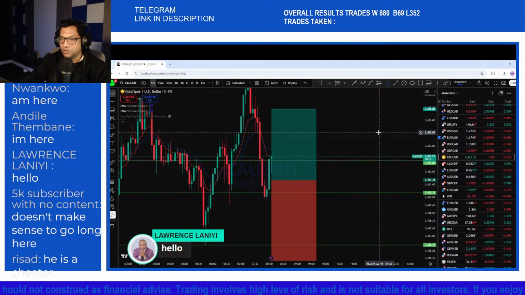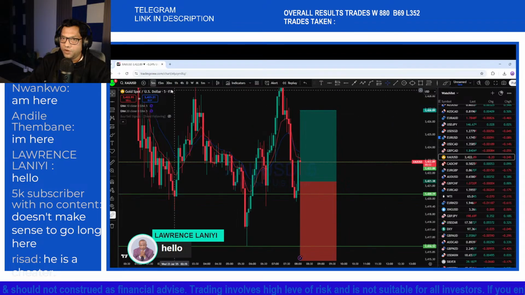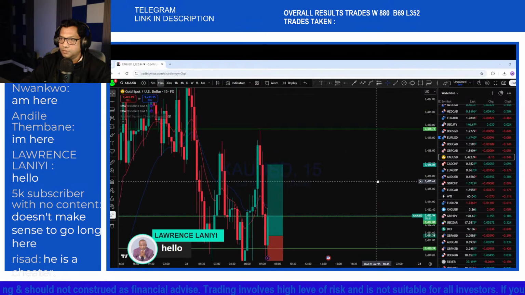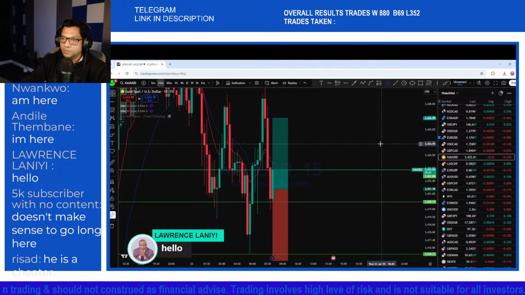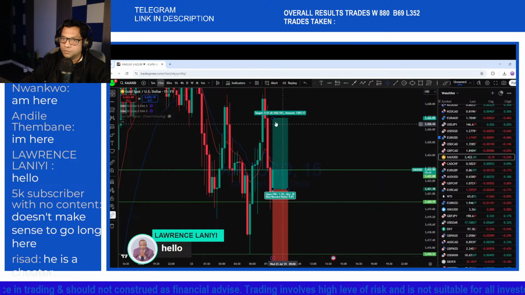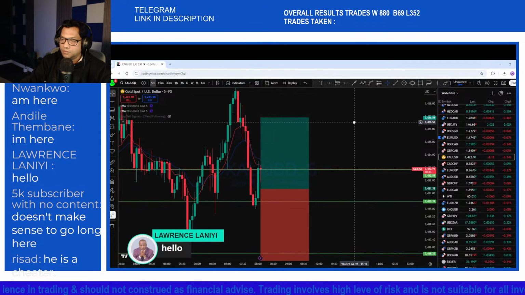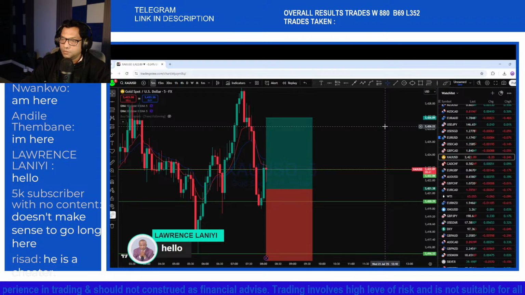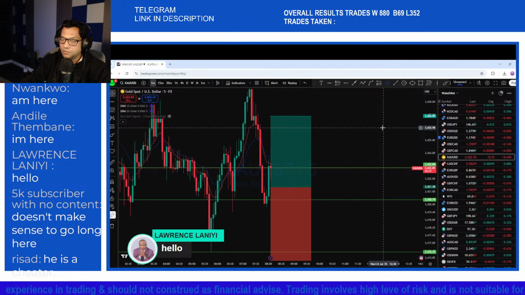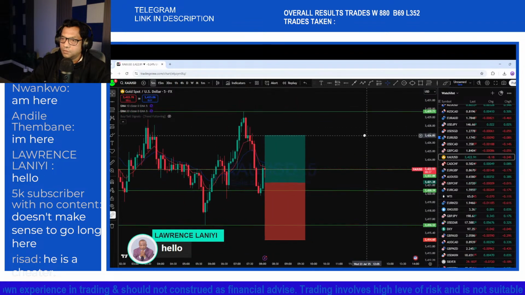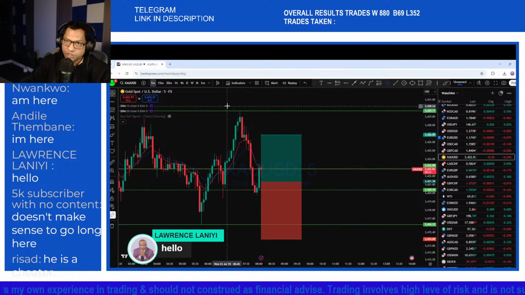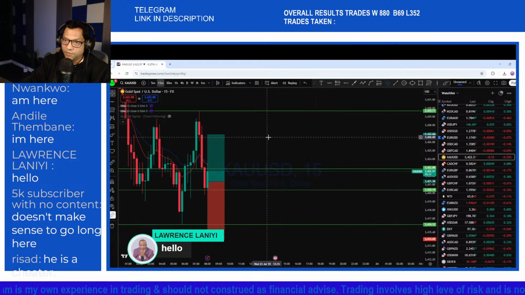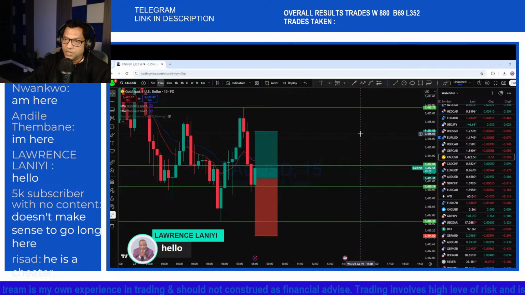It is pushing back to the upside on the lower time frame. You can see a narrow doji candle formation in this lower time frame, and that's what we're waiting for, to see the price push back.